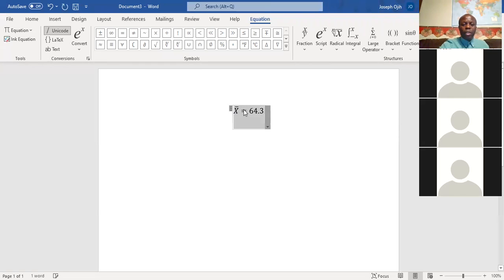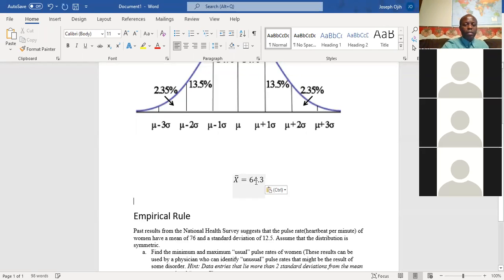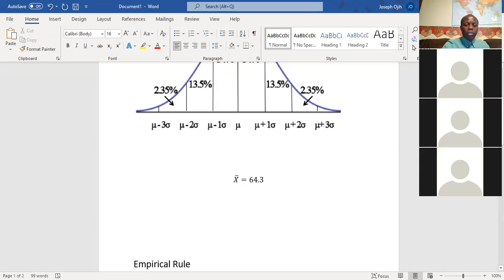So I'm gonna take this to the workbook, which is here. Okay, the mean is this. And the standard deviation S equals 2.62.